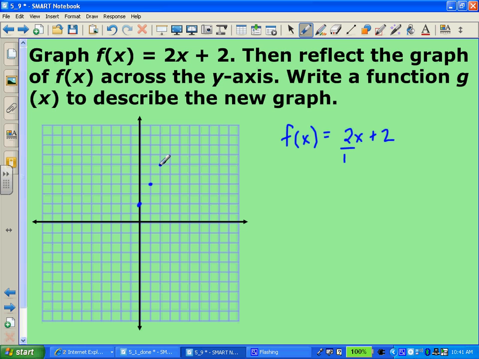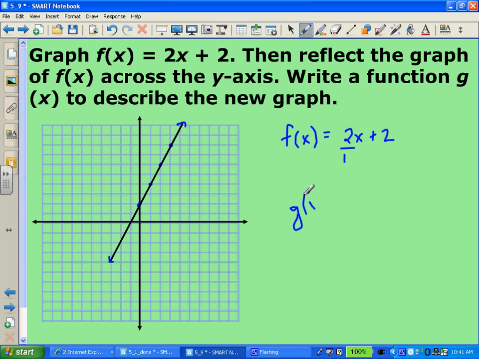It's 2 over 1, so I'm going to go up 2 over 1 from that point. I'll do it a couple times just to make sure I get a straight line. So there's f of x.